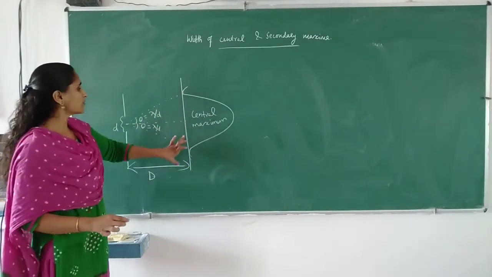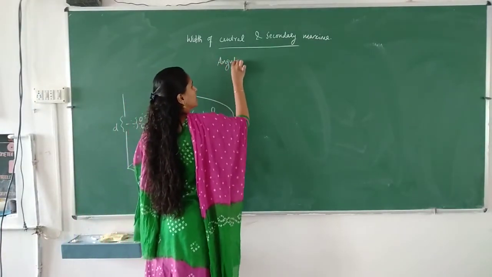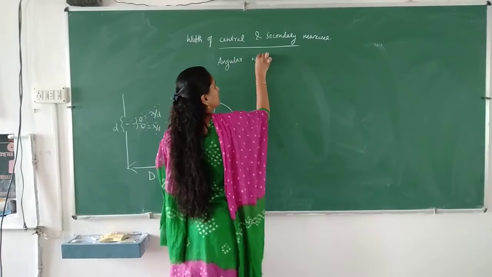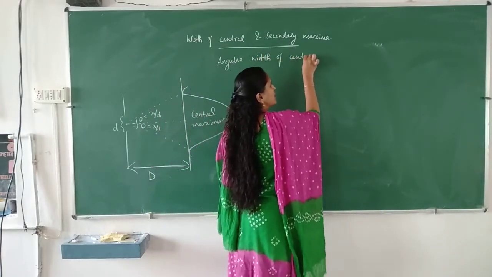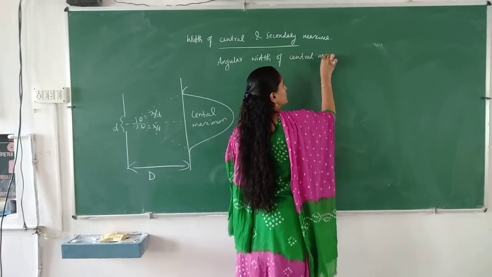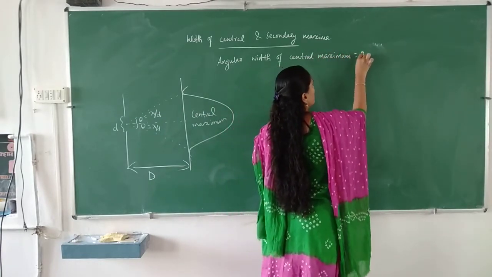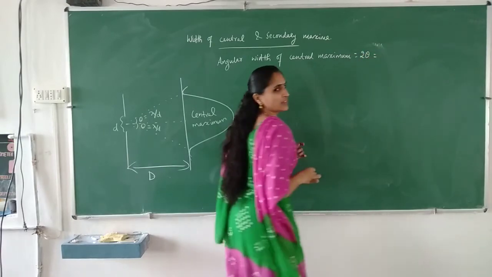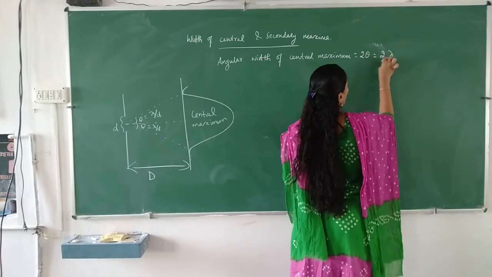So the angular width of the central maximum we can write as 2 into theta, which is equal to 2 into lambda by d.